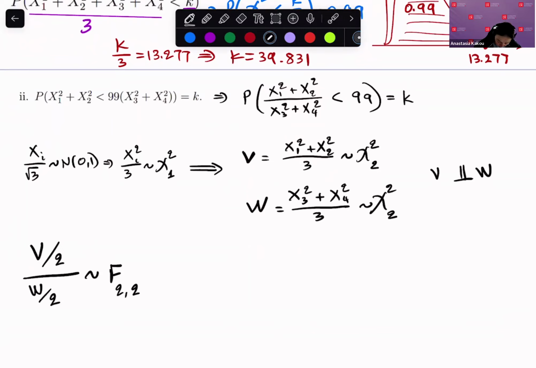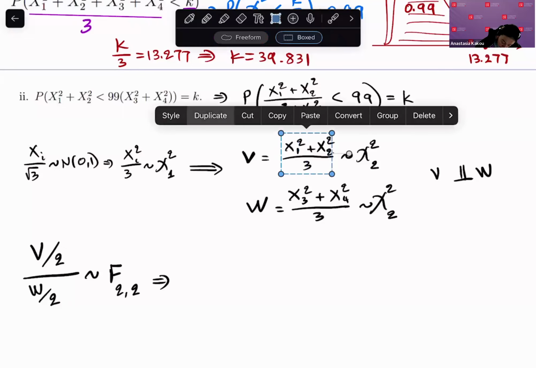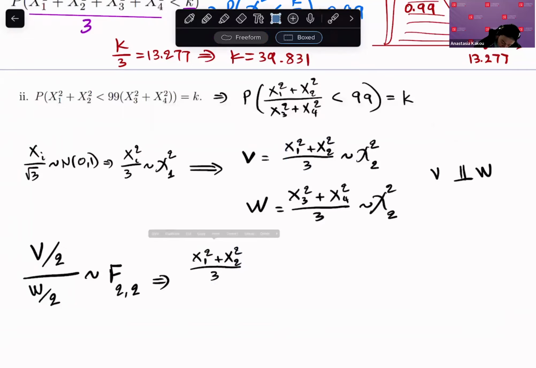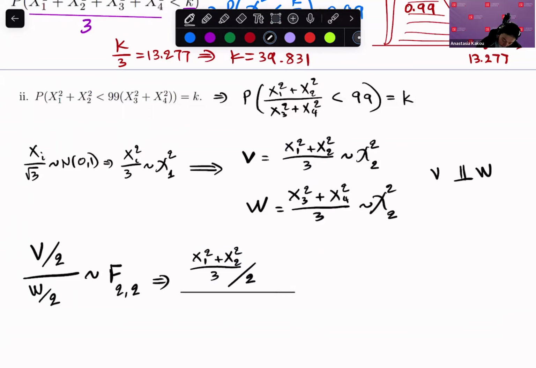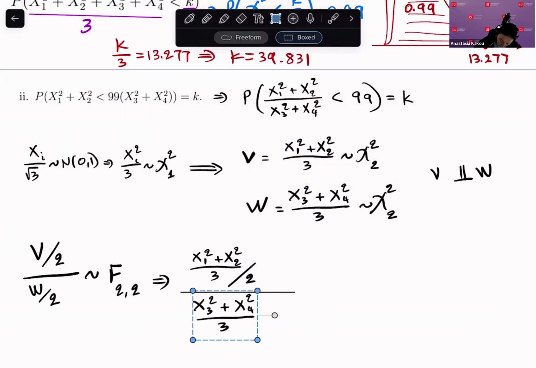Okay, so we end up with, let me write this, V divided by 2 over W divided by 2.